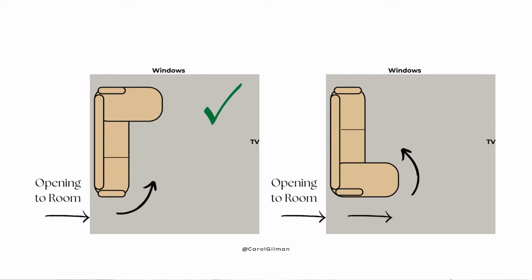So you don't have to walk around the chaise part sticking out and get into that seating area. So that's what I mean by having this ideal situation so that there is a very direct, straightforward way to get into that seating area.